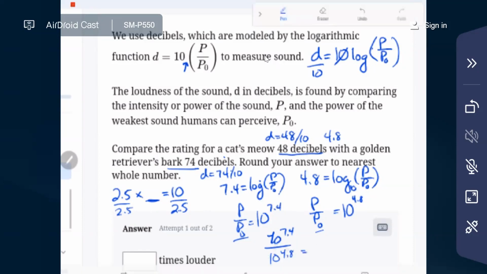We're going to have 10 to the 4.8 divided by 10 to the 4.4, and you can put that in your calculator. We're going to subtract these two exponents. Let's just put it in our calculator. Sometimes I get caught up doing things old school. When you have a calculator, you might as well use it. That's what I say.